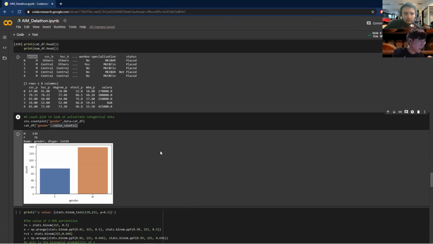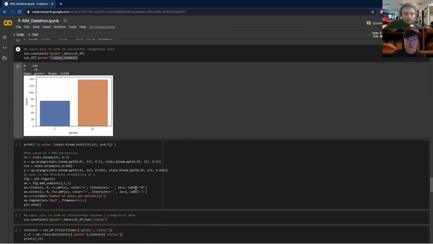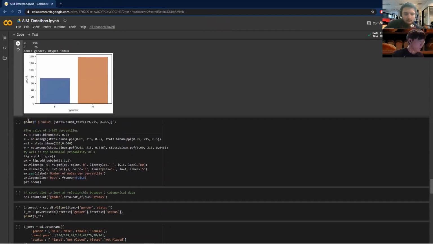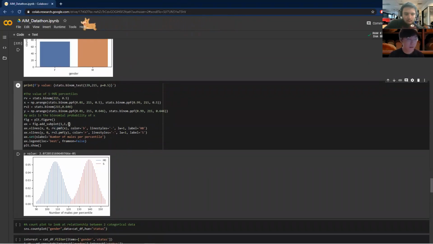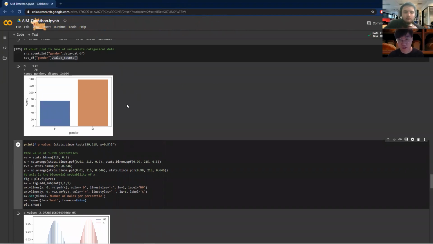It is quite obvious, I think, just looking at it graphically, that the degree of more males than females makes it quite unlikely that this is by chance. But if you wanted to be really rigorous, you can do a quick binomial test, because this is a binomial distribution, and have a look at the p-value, so the probability that this distribution has happened by chance.